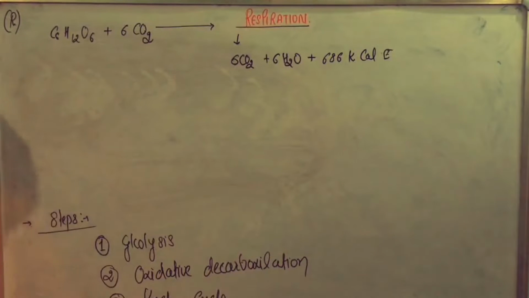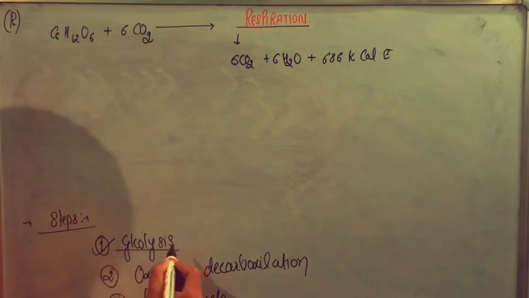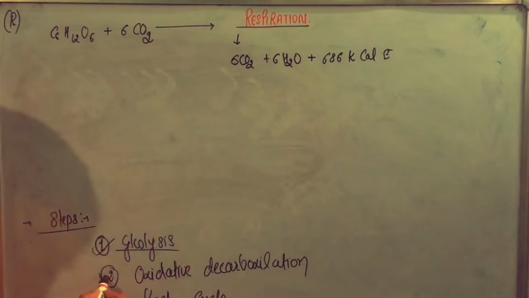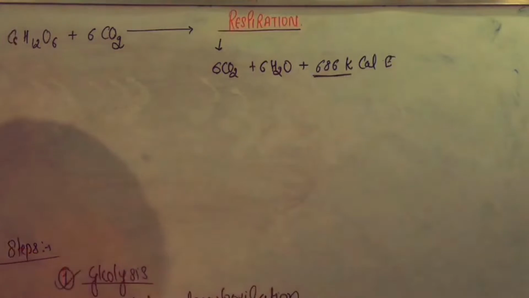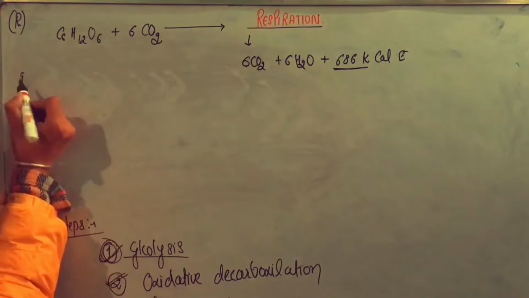This reaction takes place in steps: glycolysis, oxidative decarboxylation, the Krebs cycle, and the electron transport chain, to produce the 686 kilocalories of energy.